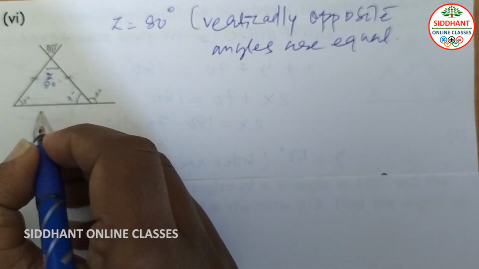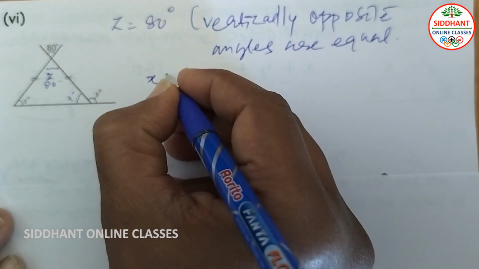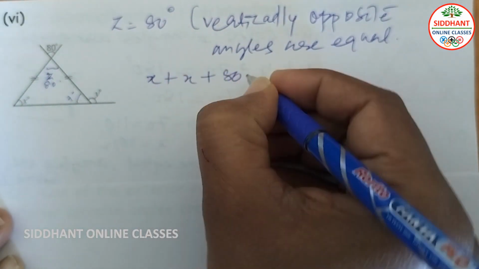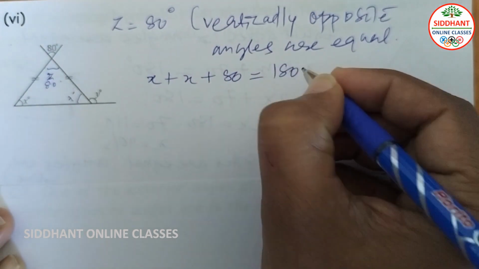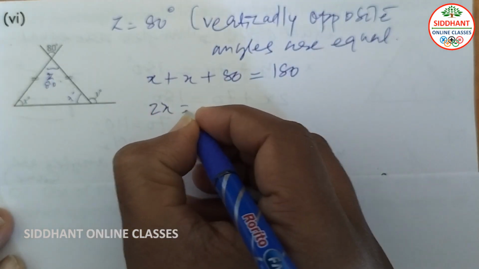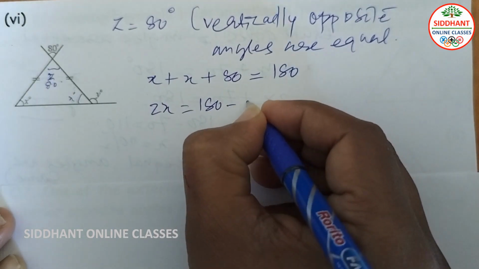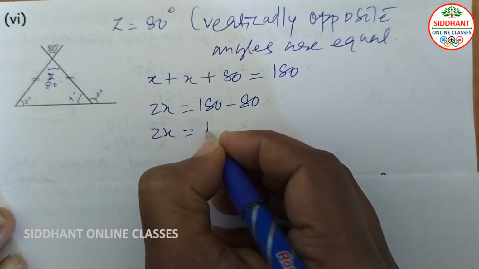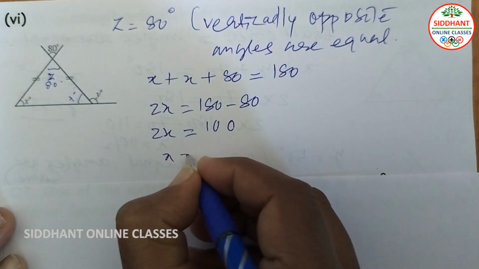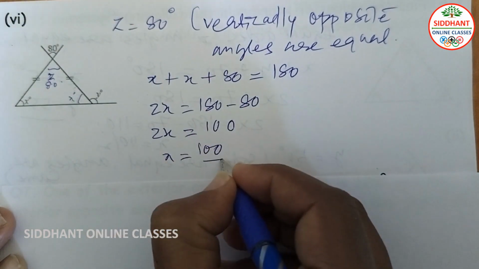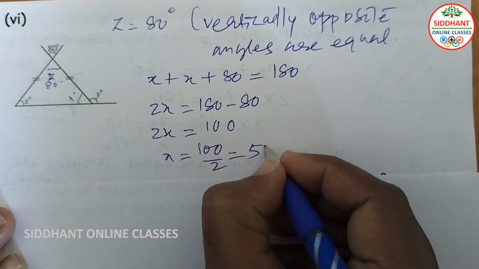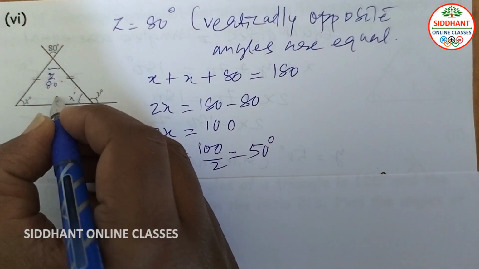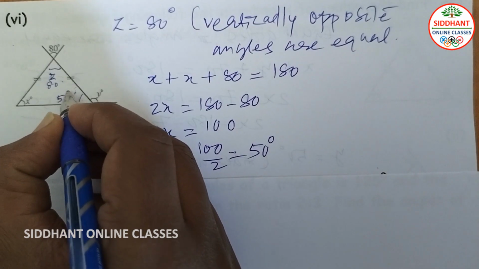The sum of angles, x plus x plus 80, will be equal to 180. Then 2x equals 180 minus 80. Then 2x equals 100. Then x equals 100 by 2, that equals 50 degrees. So here the x value is 50 degrees.